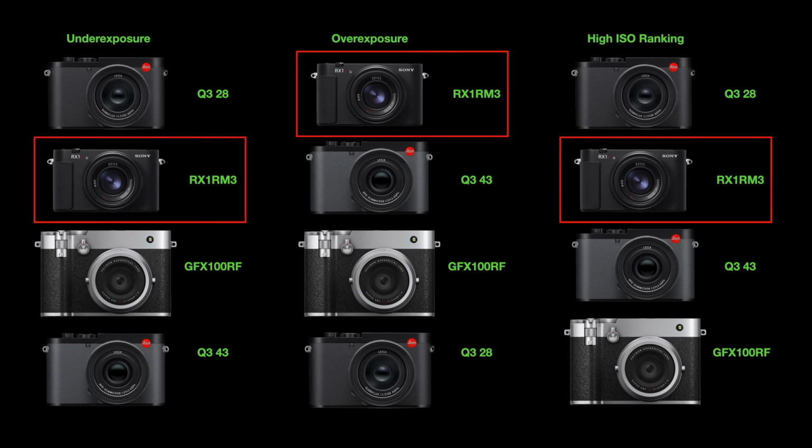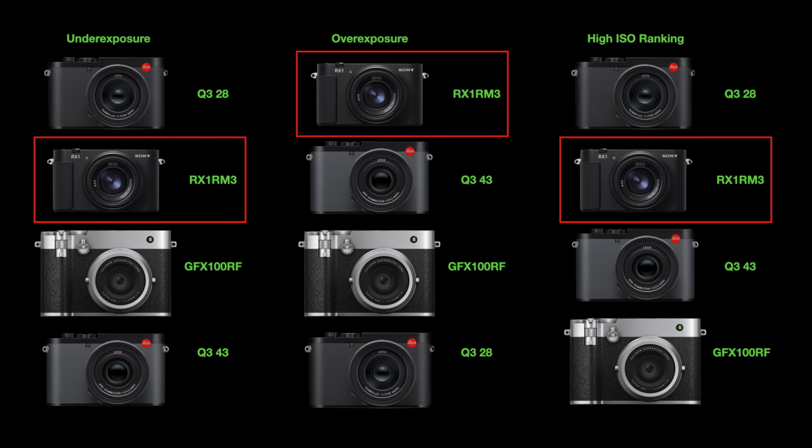Now, if we want to take this one level further, we might even say that the Sony RX1R III is the winner of this sensor competition among the full frame and medium format sensor compact cameras, because we see in two categories, underexposure and high ISO ranking, clearly the Q328 is ranked number 1. Only in 1 out of 3, namely overexposure, the RX1R III is number 1.